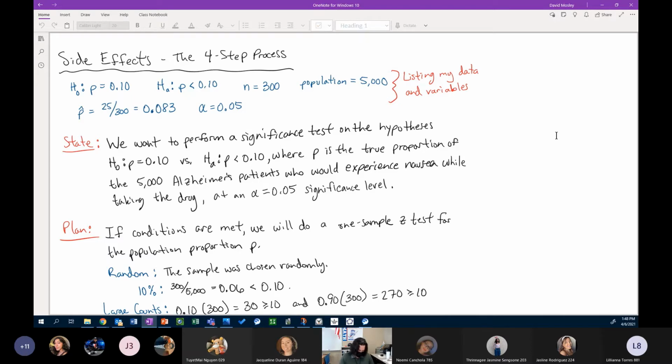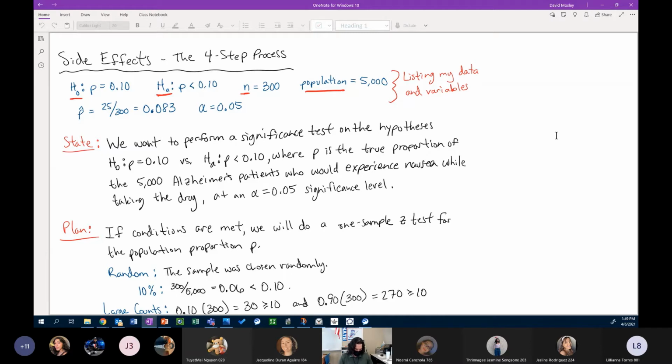We have our null hypothesis, H naught, and our alternative, H sub A. The sample size, n, equals 300. We actually know the population size that we're sampling from. It was given in our context, so I have that written down: 5,000.